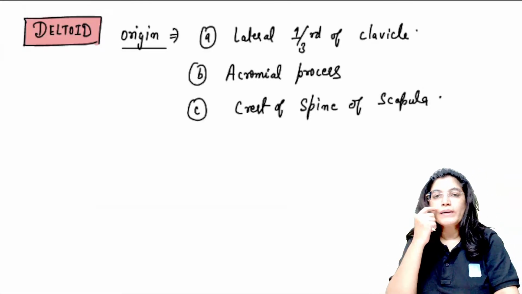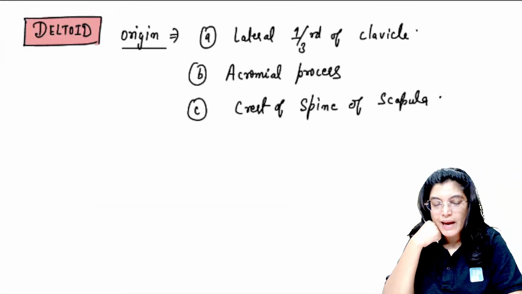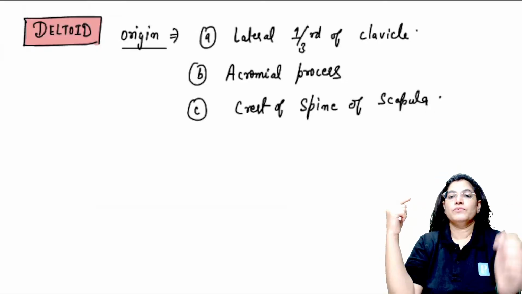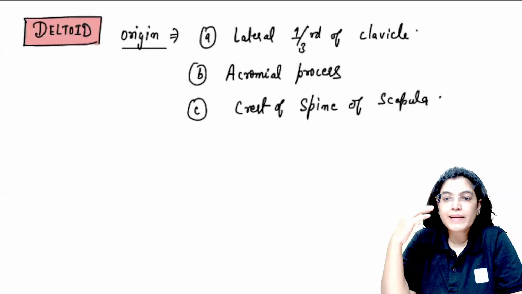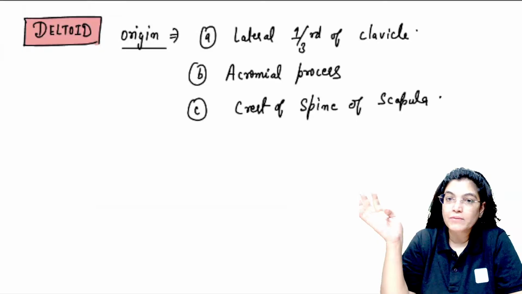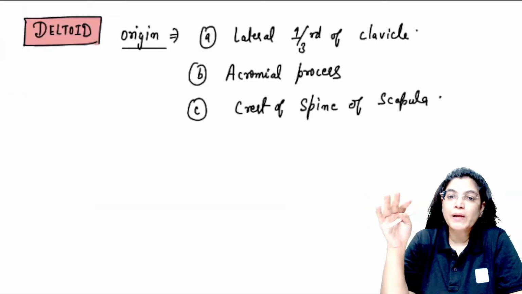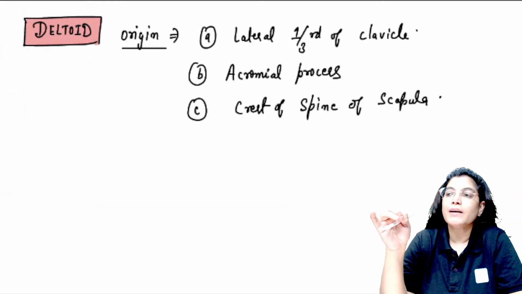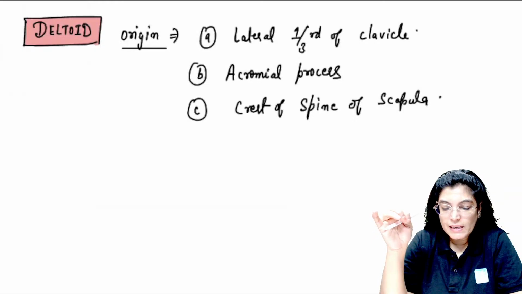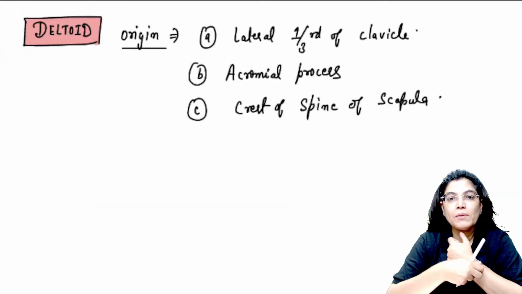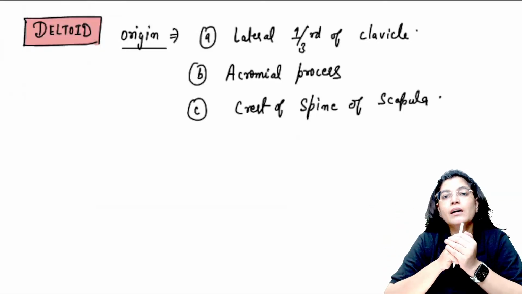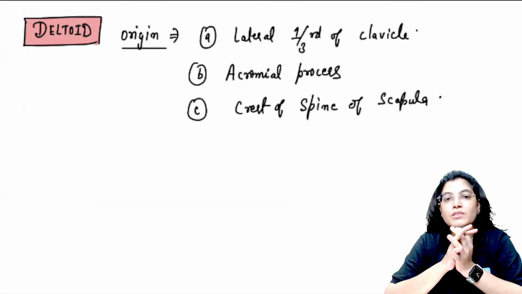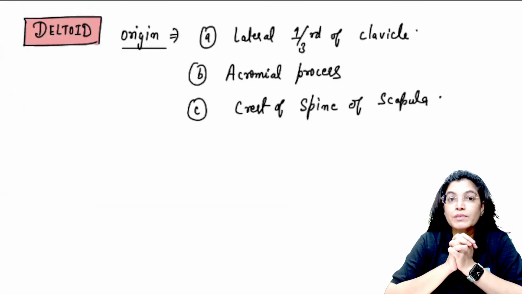Now, one more important point, which is a question of general anatomy, which I explained in the general anatomy muscle class, where I explained unipinnate and multipinnate muscle fiber morphological arrangements. The clavicular part originates from the lateral 1/3 of the clavicle, then the acromial part, and the spinous part of the deltoid muscle.